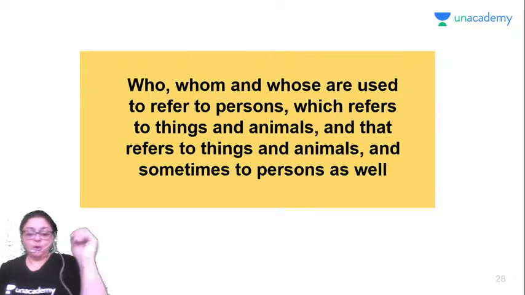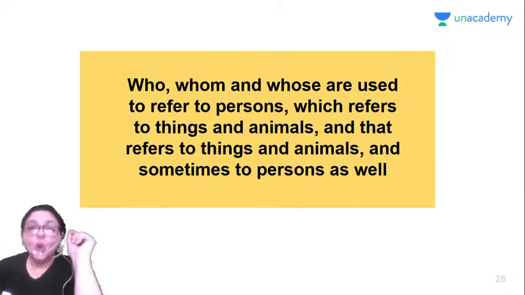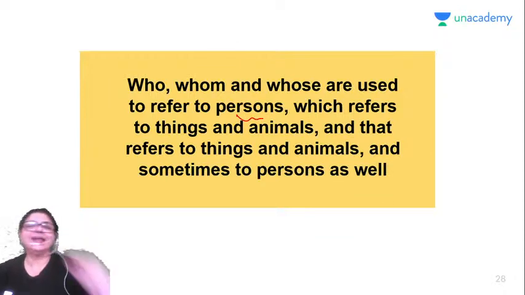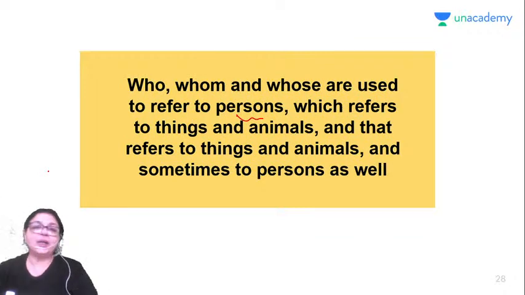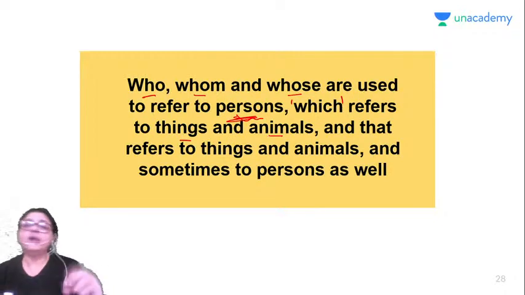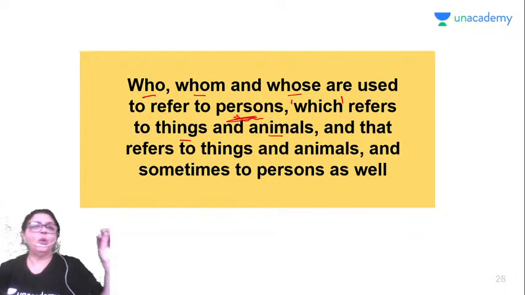So, yes, now who, whom, and whose are used to refer to persons. Now, as I said, there are little rules in grammar and there are exceptions, which is what I say every day. So, generally, when we say who, whom, and whose, it refers to persons. And which refers to things and animals. When I want to talk about an animal or something, I am going to say which dog, which watch was kept.